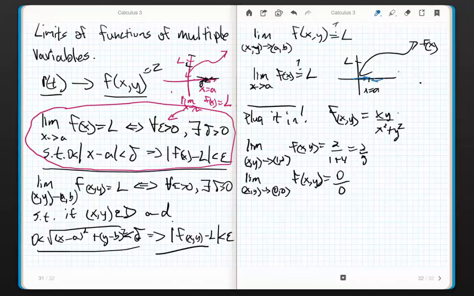And remember, there was another way to define a limit. If the limit as x approaches a from the negative side of f equals the limit as x approaches a from the positive side equals L, then that implies that L is the limit. In other words, if these things exist. You with me? All right. There's a problem, though.